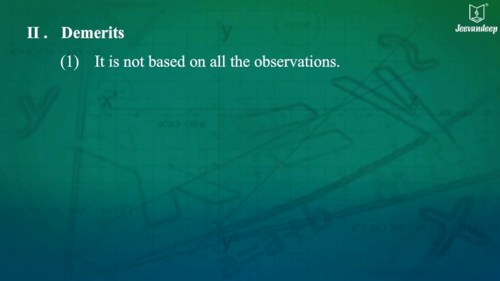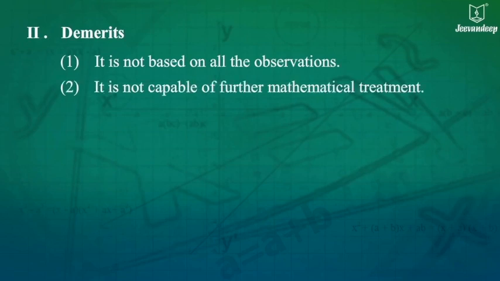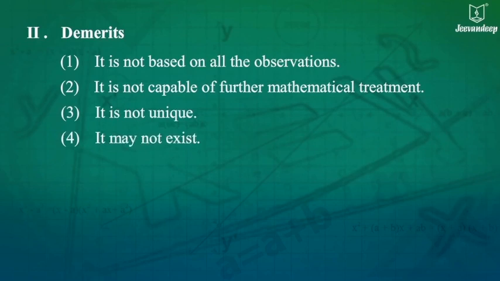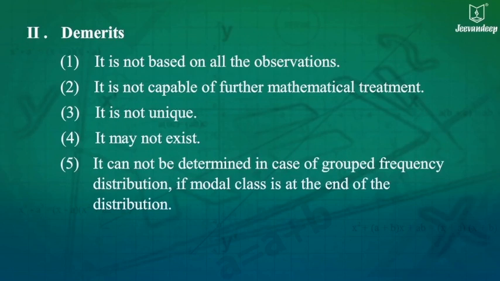Demerits. It is not based on all the observations. It is not capable of further mathematical treatment. It is not unique. It may not exist. It cannot be determined in case of grouped frequency distribution if the modal class is at the end of the distribution.